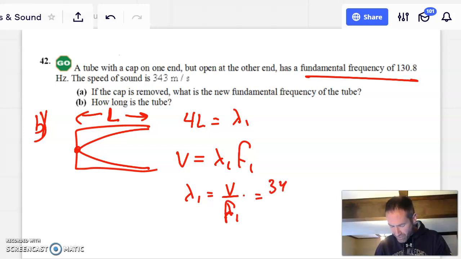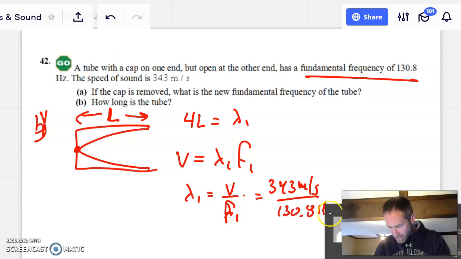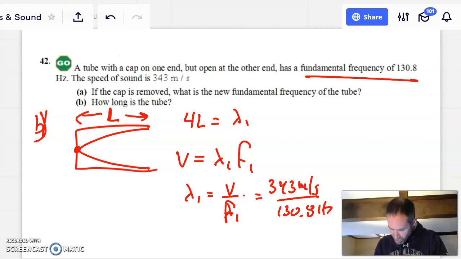How about 343 meters a second divided by 130.8 hertz? And if you multiply that out, you're going to get a fundamental wavelength of 2.62 meters. Now, that's not what they asked for. They asked for the length of the tube.